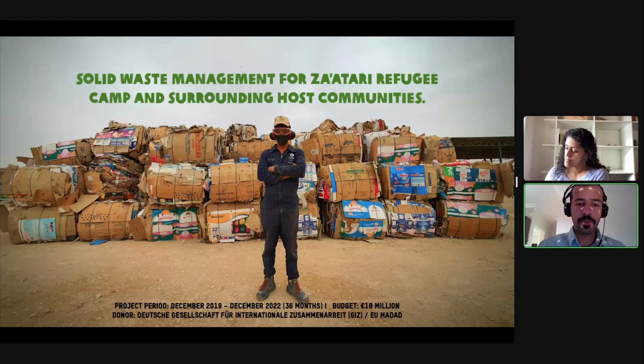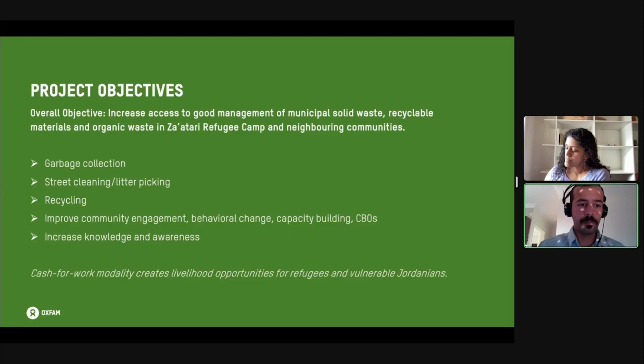Now we are going to focus on Za'atari camp and the project that we are implementing there. The overall project contains many components. The main components are garbage collection, street litter picking, and recycling, with the support of community engagement to increase knowledge and awareness also.